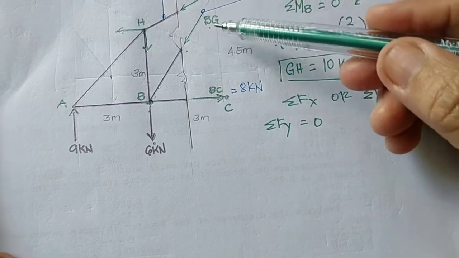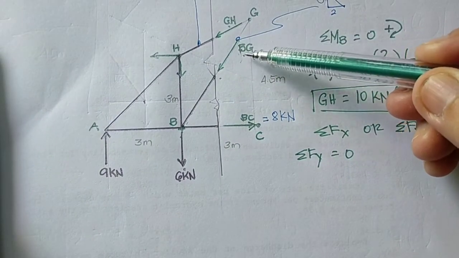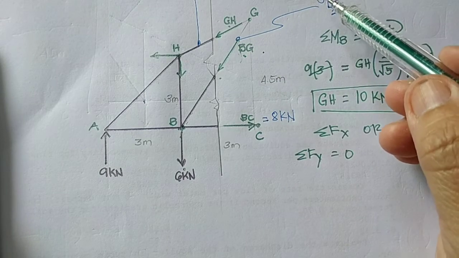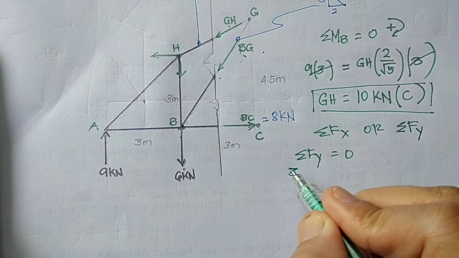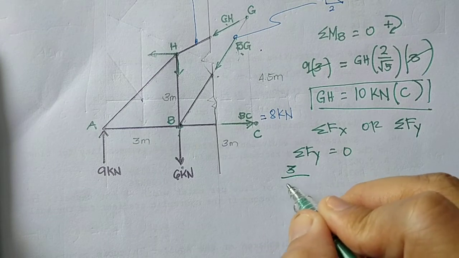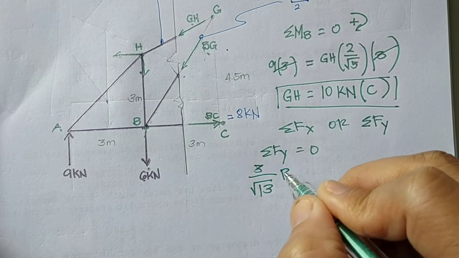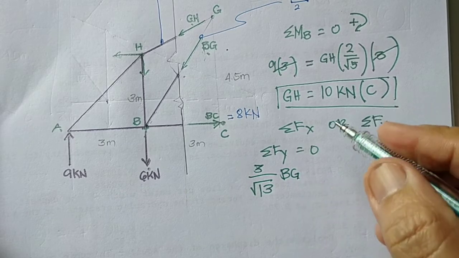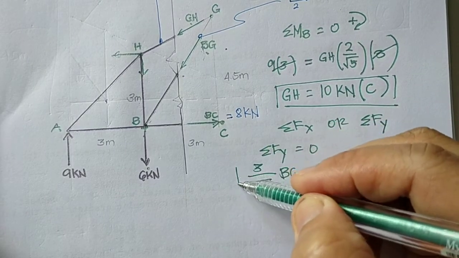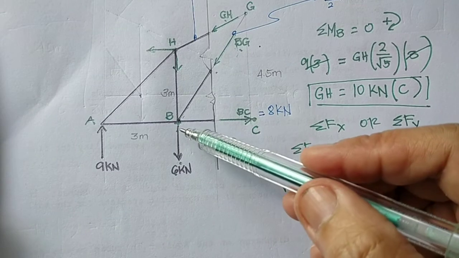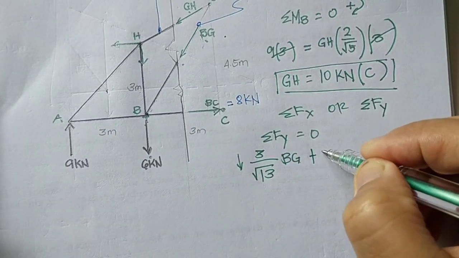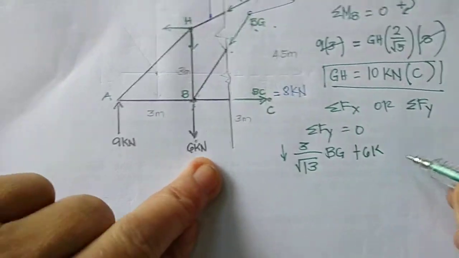So this is going down force, the component of BG. Use the slope 3 for vertical over square root of 13 multiplied by BG. That is horizontal. So this is going down. So what is another going down is 6 kilonewton here.